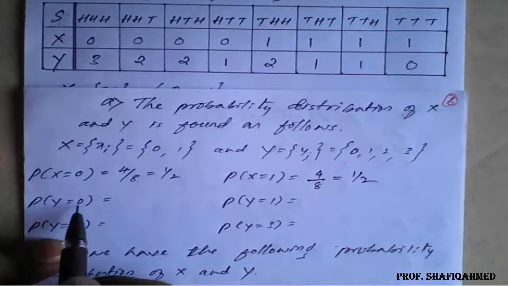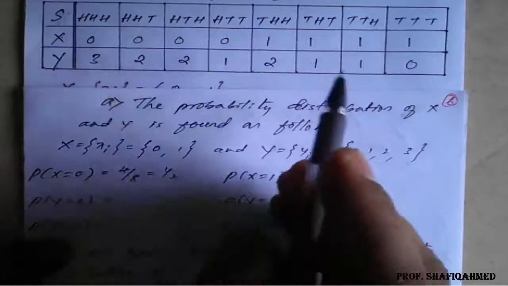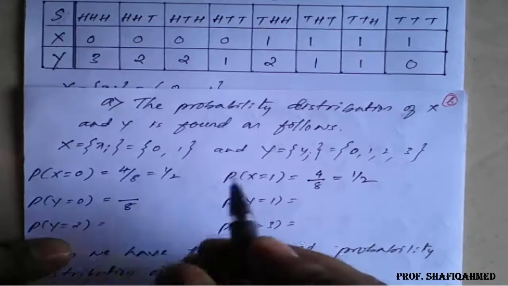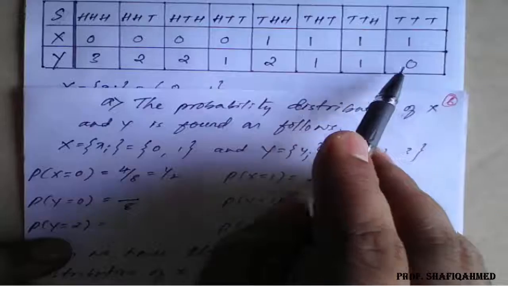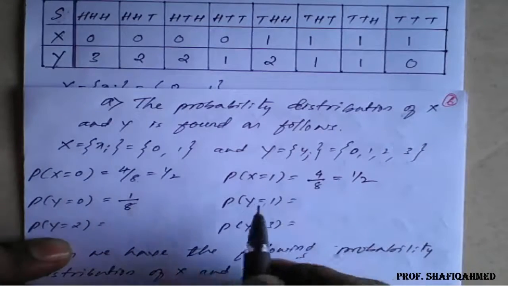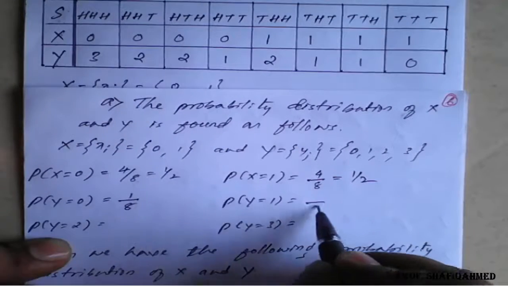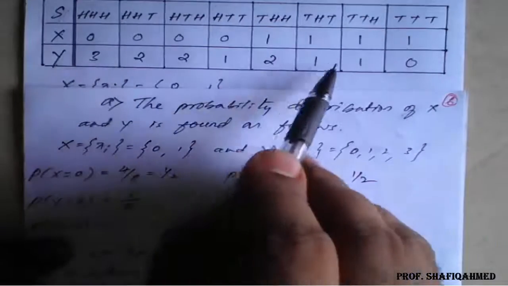Similarly, y is equal to 0 means you come here. How many zeros are there out of 8? Only 1. So the probability of y equal to 0 is 1 by 8. Then y is equal to 1. How many ones are there out of 8? 1, 2.